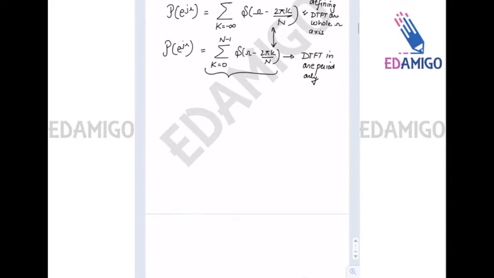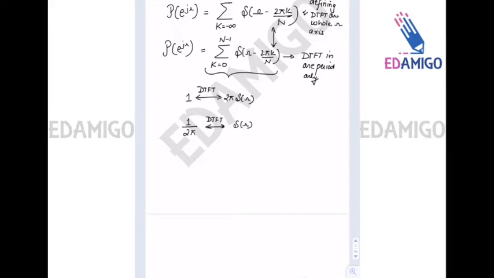Now, since we know that 1 has DTFT equal to 2 pi delta sigma, 1 upon 2 pi will have DTFT delta sigma.